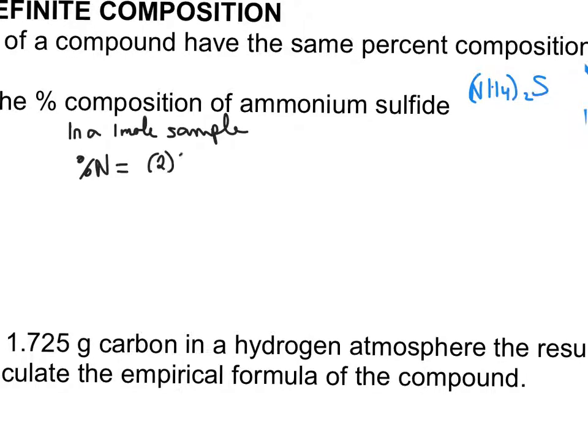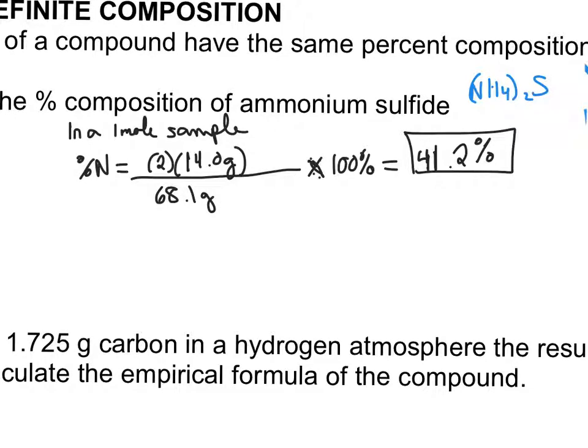So 2 times 14 over my total. So if you add up 2 nitrogens, 8 hydrogens, and 1 sulfur, you get 68.1. And then times 100%, of course. And so that gives me 41.2% nitrogen.